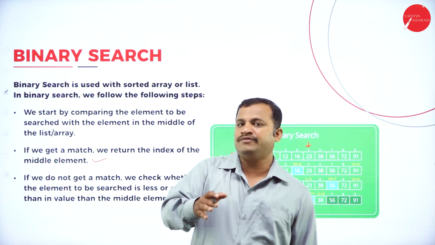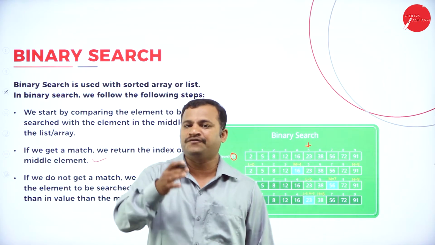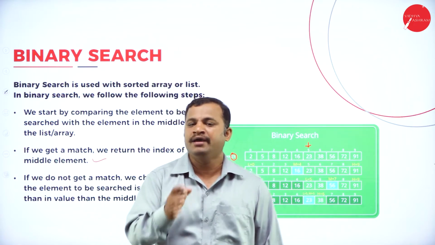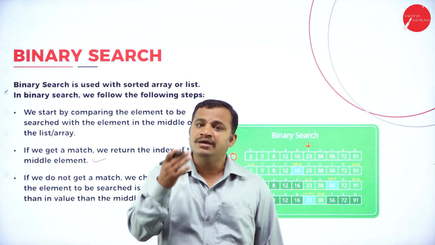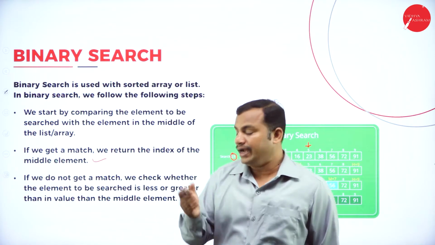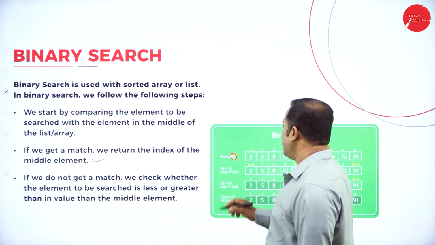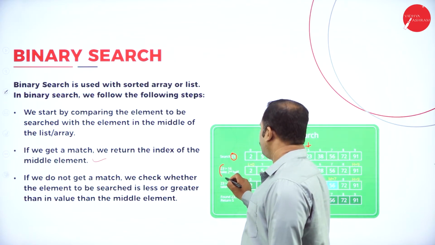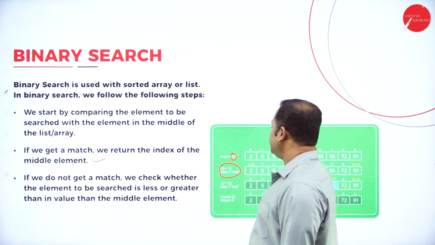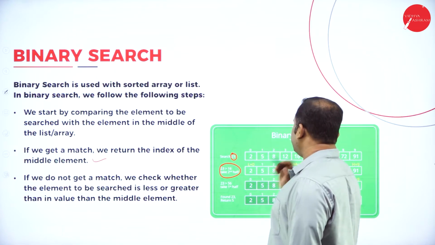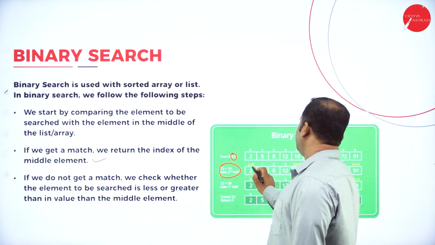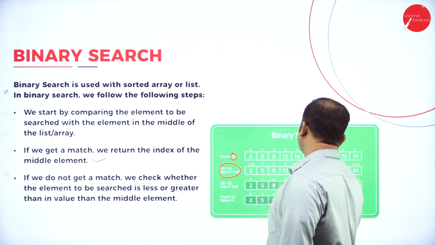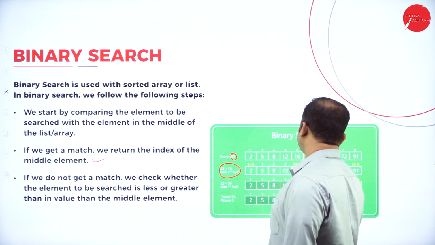That is, mid is equal to low plus high by 2, or left plus right by 2 is applied. I won't get the item which I wanted to search in the list. Later on, I find that 23 is greater than 16, the middle element, so we shift the items from left to this position, that is from middle plus 1.